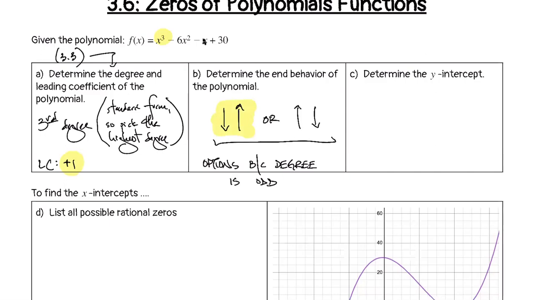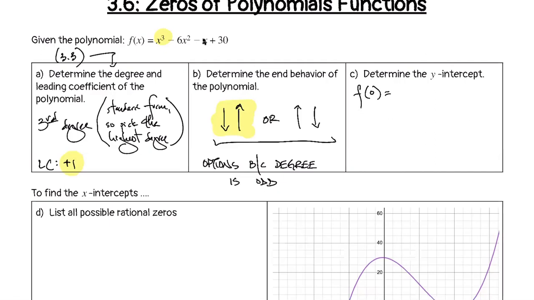All right, last review-ish piece, determine the y-intercept. How do we find the y-intercept? Don't just tell me what it is, tell me how we find it. Find f of 0. Yeah, we're just going to plug in 0 everywhere we see an x.